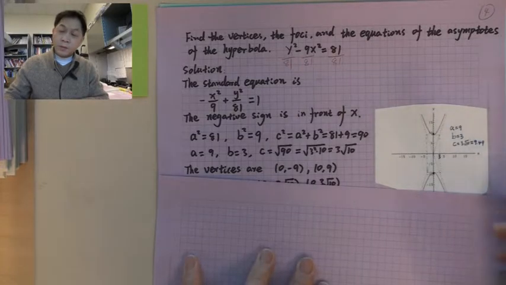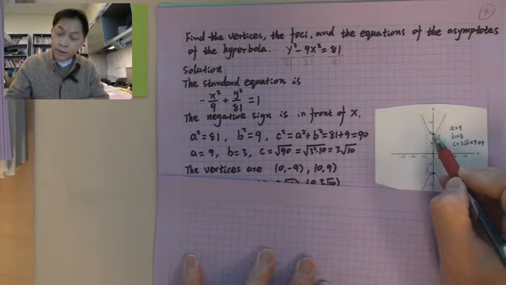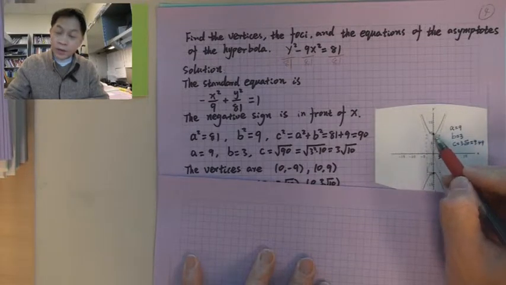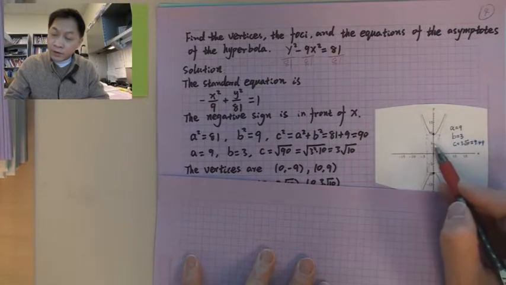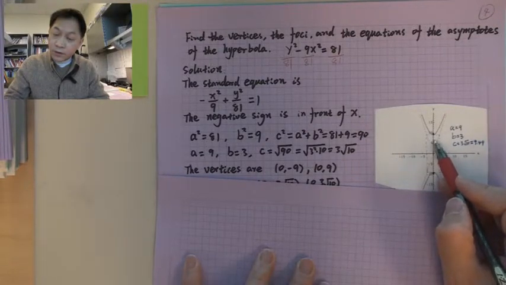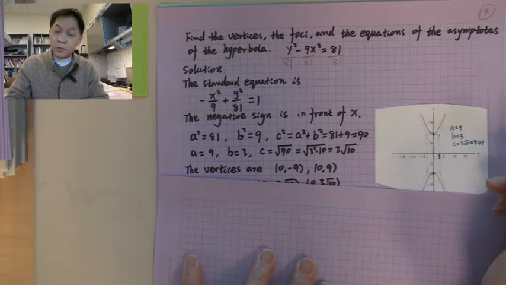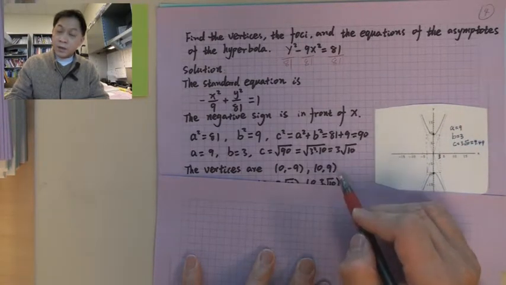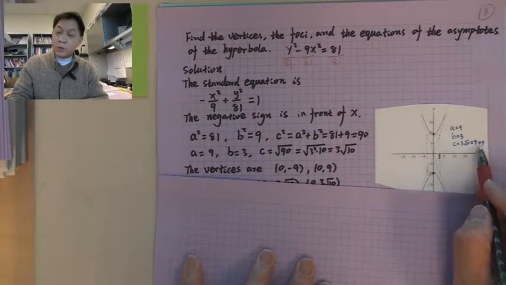A is 9, so 0, negative 9, 0, positive 9. This is 5, 6, 7, 8, 9, so somewhere here. The one above it is the focal point, 3 times radical 10. 3 times radical 10 is 9.49.